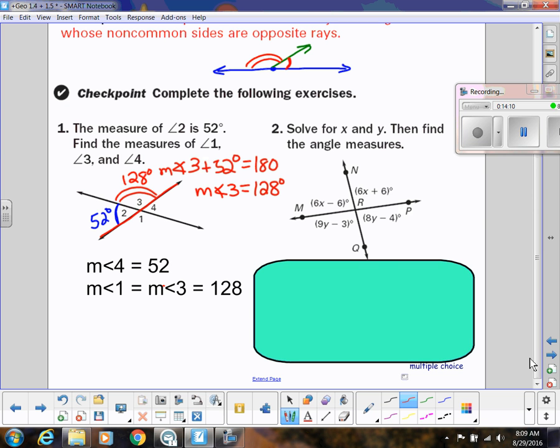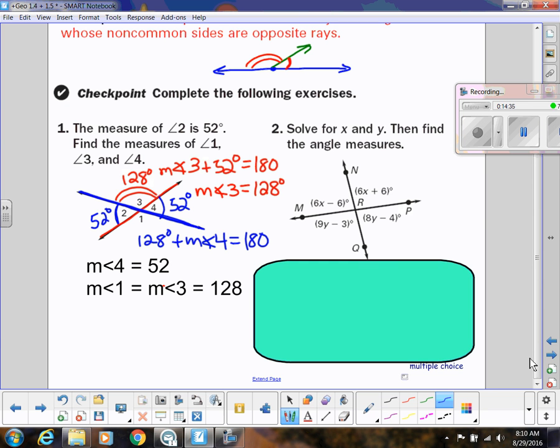Now, if I do that process again, but now I use a different straight angle, so if I use this straight angle right here in blue, then I would be adding the measure of angle 3, which is 128, plus the measure of angle 4. And I know that equals 180. So if I subtract 128, I'm going to get 52 degrees.